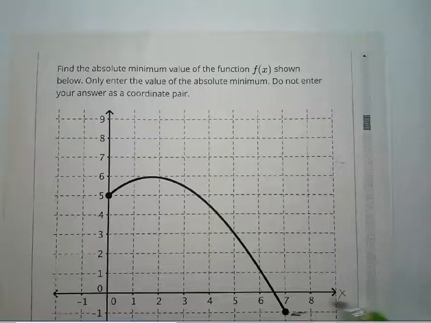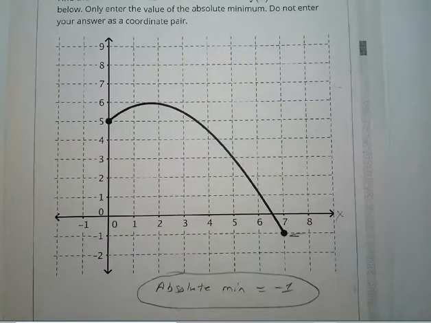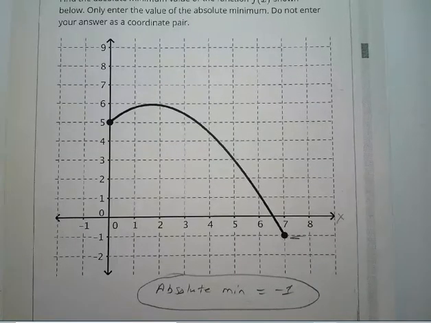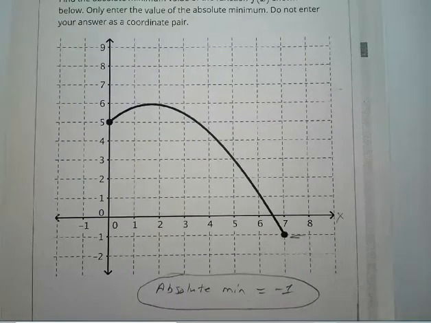We're not looking at the x-axis, we're looking at the y-axis. So the lowest y value is at -1, which means our absolute minimum is at y equals -1. All right, let's go ahead and move on to our next graph.